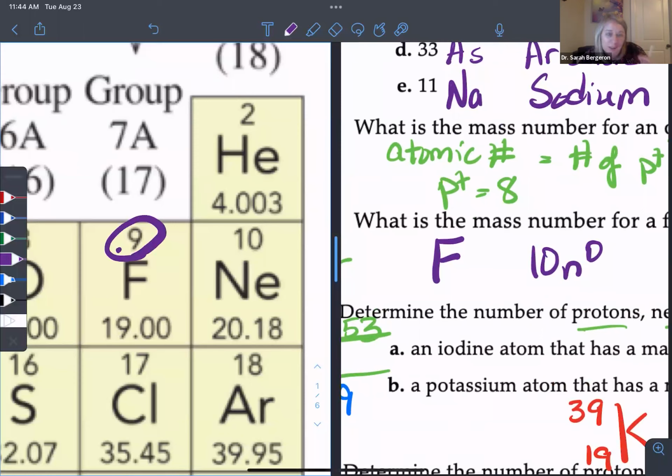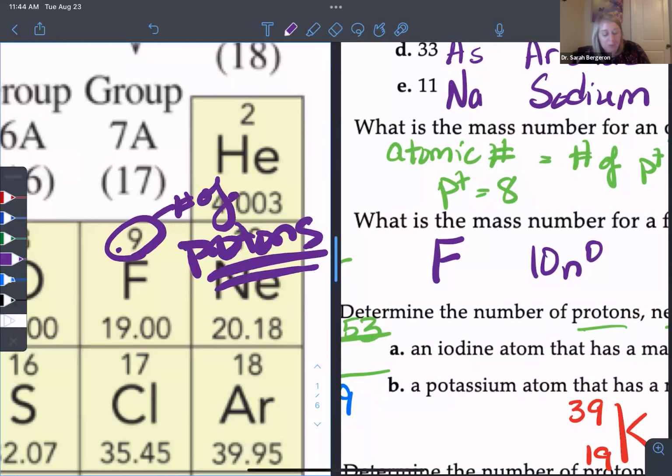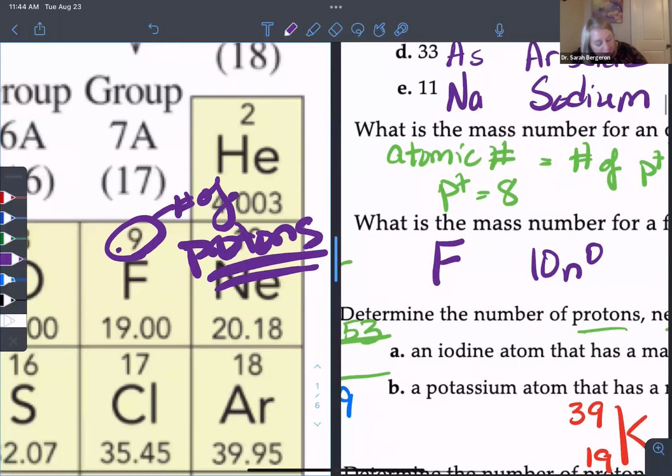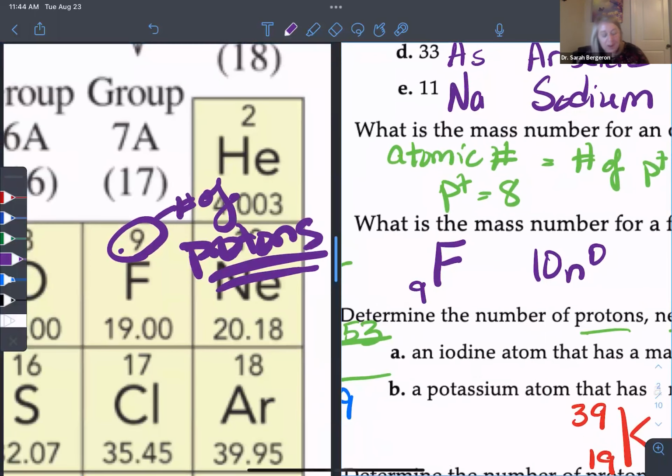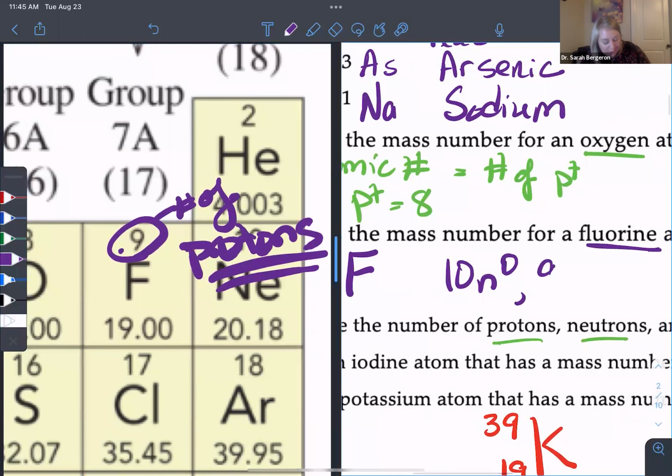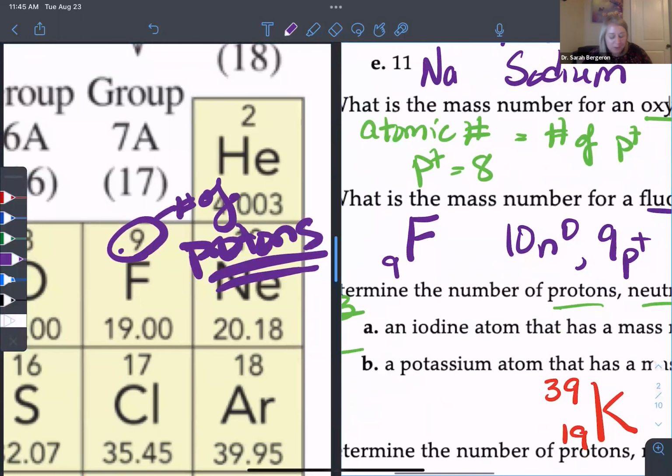What does that 9 mean? That 9 means that's the atomic number, and the atomic number is the number of protons, right? So when we write the symbolic notation, we're going to put the 9 down here. Now, we know that we have 9 protons, and we know that we have 10 neutrons.